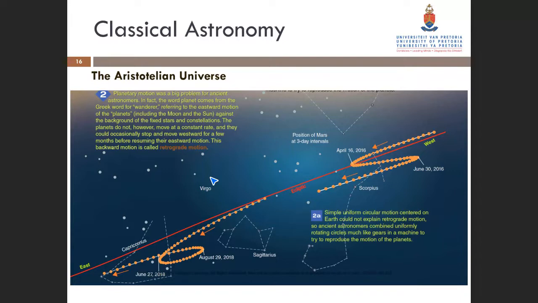This backward motion is called retrograde motion. Simple uniform circular motion centered on Earth could not explain retrograde motion. So ancient astronomers combined uniformly rotating circles, much like gears in a machine, to try to reproduce the motions of the planets. So are you guys happy with the explanation of retrograde?